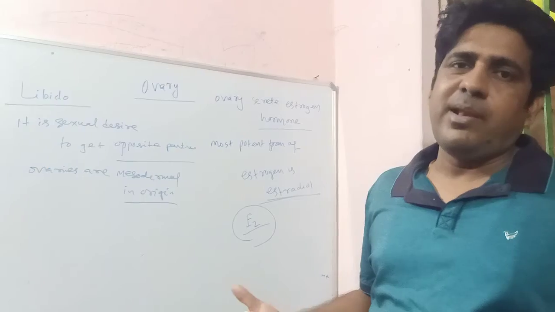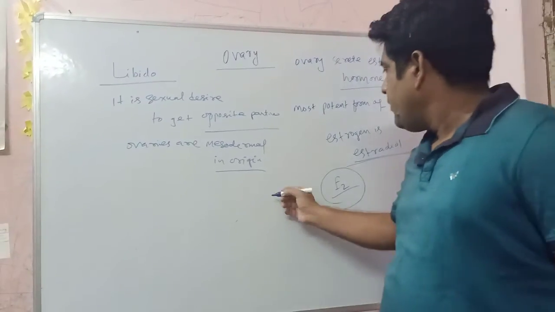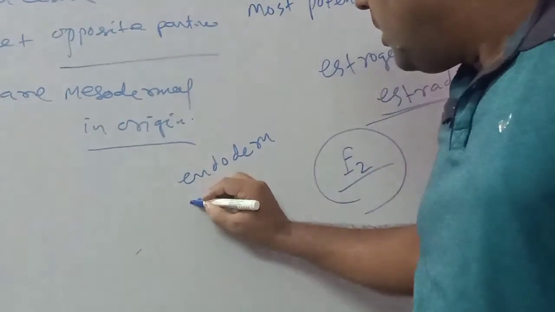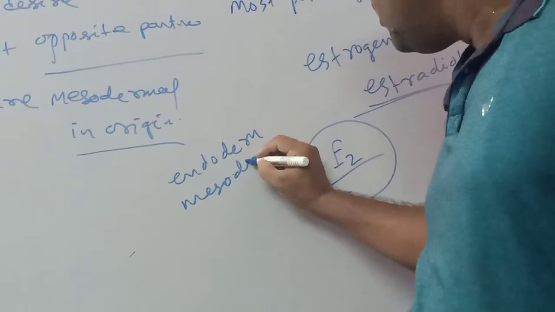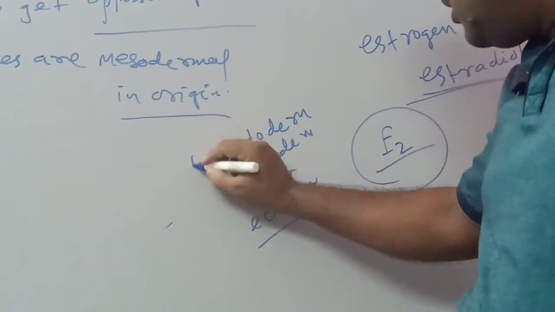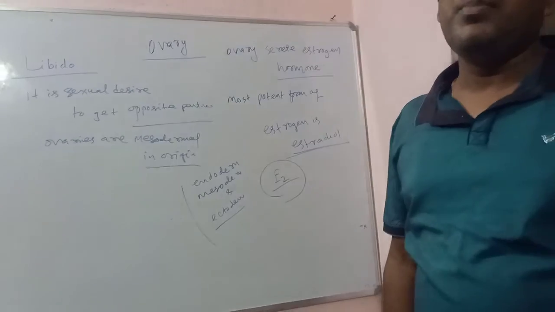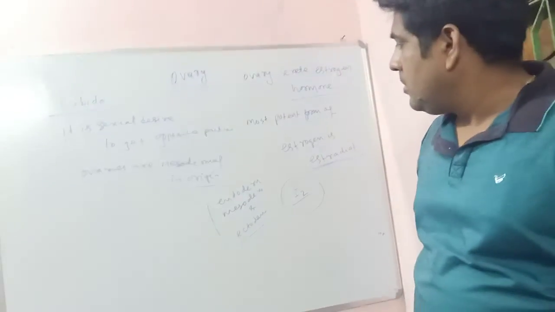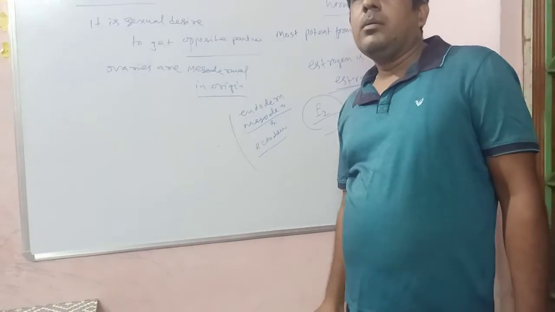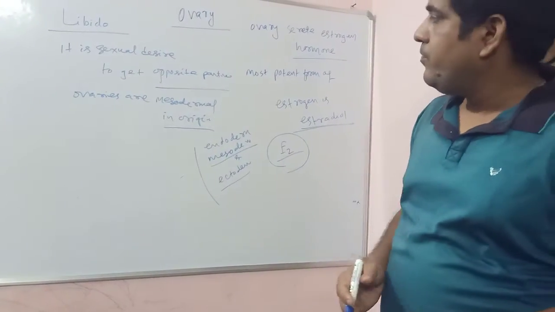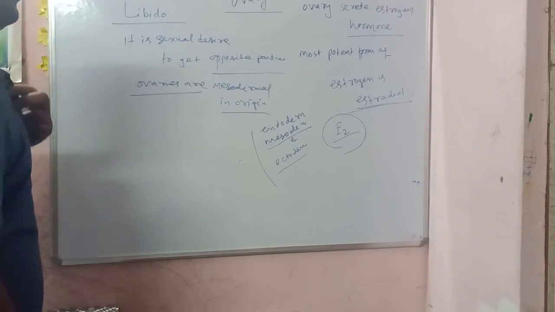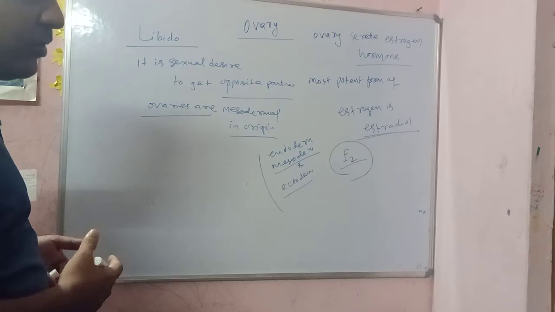The 3 germ layers are first endoderm, then mesoderm, and finally ectoderm. The 3 germ layers produce different types of organs and organ systems. So mesoderm produces the ovary. Mesoderm also produces the testes. Then we will discuss the internal structure of the ovary.